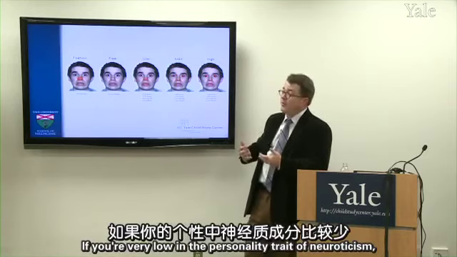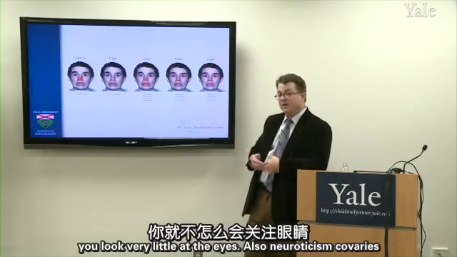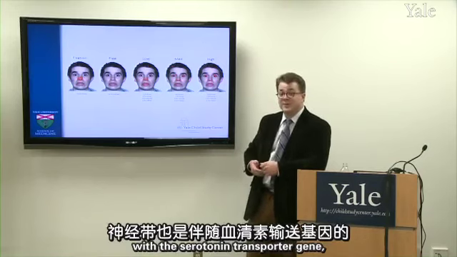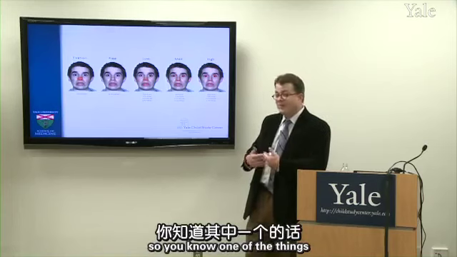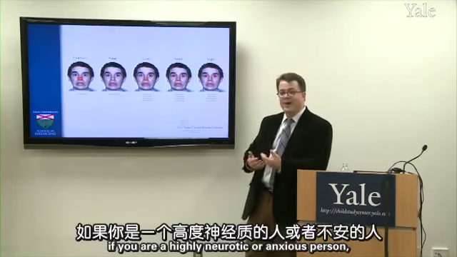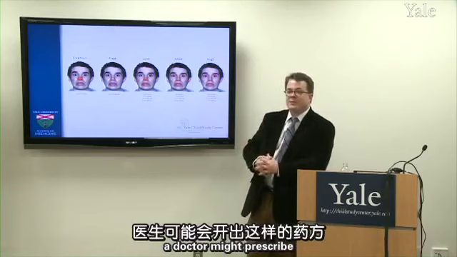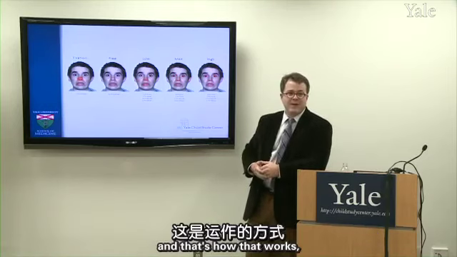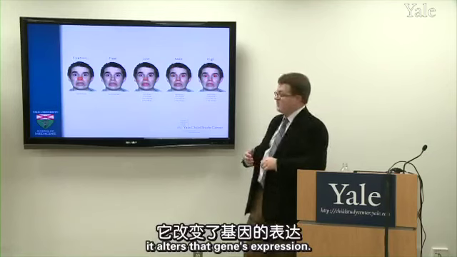And if you're very low in the personality trait of neuroticism, you look very little at the eyes. And also, neuroticism co-varies with the serotonin transporter gene. So, one of the things, if you're a highly neurotic or anxious person, a doctor might prescribe a selective serotonin reuptake inhibitor, and that's how that works. It alters that gene's expression.